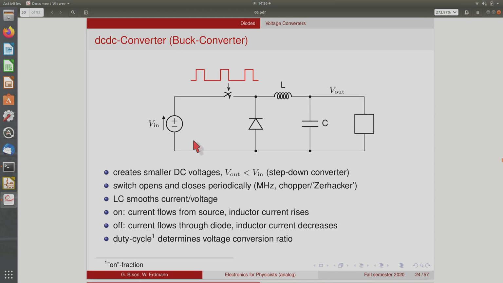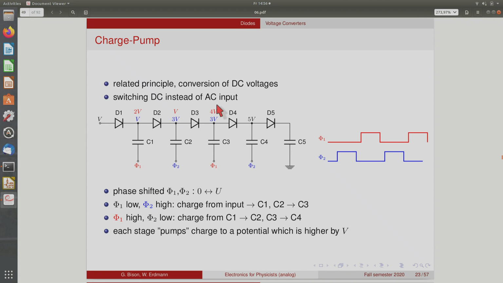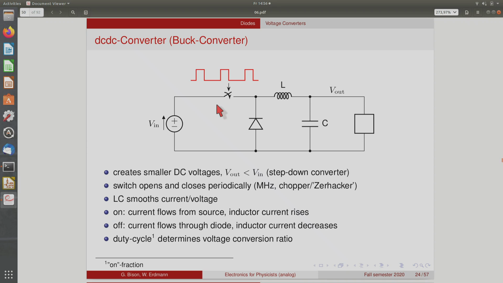You have a switch here, so you connect your DC voltage with a relatively high voltage via this switch to this circuit here. So the switch opens and closes periodically. So it chops the DC voltage into a quasi AC voltage, usually in the megahertz range, or relatively fast.